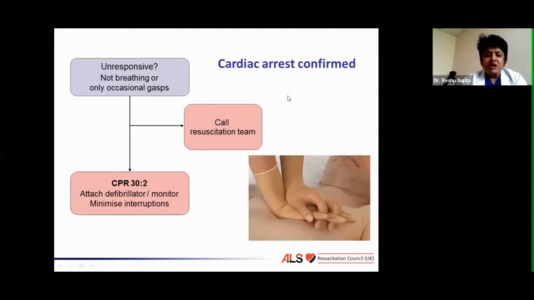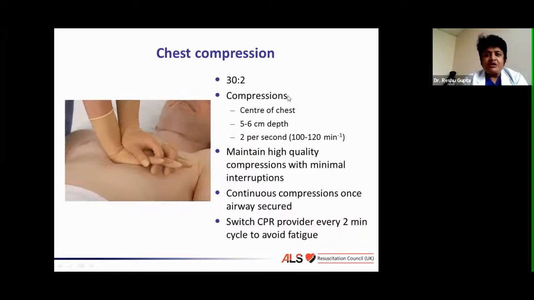There should be minimum interruptions between the cycles. For chest compressions, the ratio is 30:2, and the compressions have to be of really high quality with minimum interruptions. The compressions should be at the center of the chest with a depth of 5 to 6 centimeters and at a rate of 100 to 120 compressions per minute.